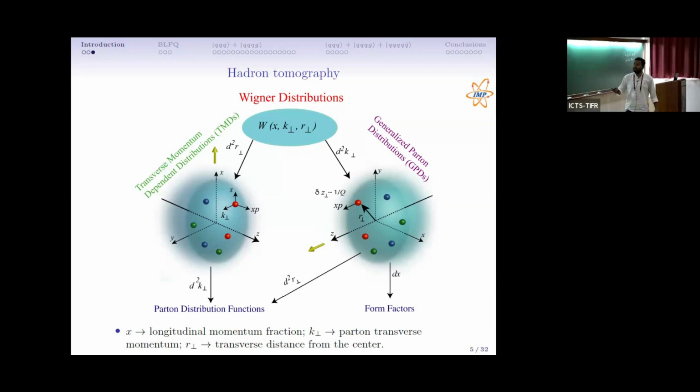If you combine these two quantities, you get a more general distribution called the Wigner distribution, which is a phase-space distribution. After certain reductions, you get TMDs and GPDs, and with further reduction, you get the one-dimensional distribution, the ordinary parton distribution function, or the form factor. The EIC is going to measure all these GPDs and TMDs, so it is quite interesting to study, definitely.